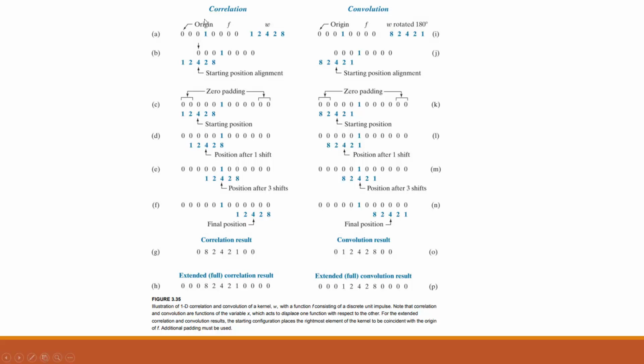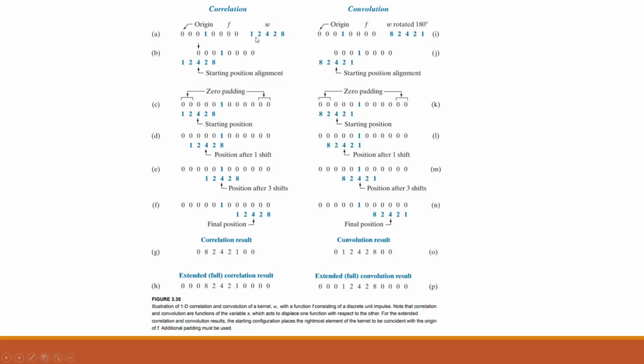Now you can understand from the figure that it shows the one-dimensional function, and a kernel of size 1 cross 5. So you can say that the kernel size is 5, or s varies from minus 2 to plus 2.